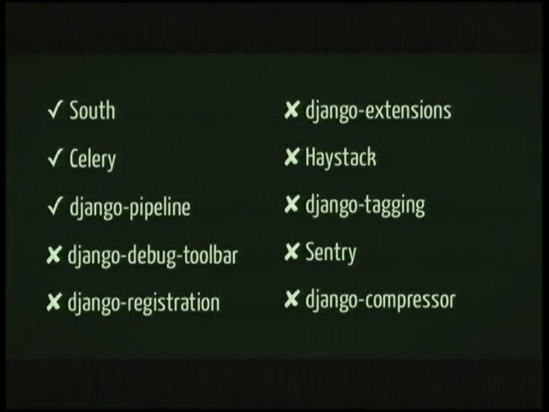The answer is maybe. It's going to depend on what you're doing. It's going to be easier for new projects than for existing ones. And in fact, that's a recommendation that I would make. If you're starting a new site, seriously evaluate Python 3. You might save yourself a lot of hair pulling. If you have an existing site, you probably want to stay with Python 2 for now until more of these X's turn to check marks.